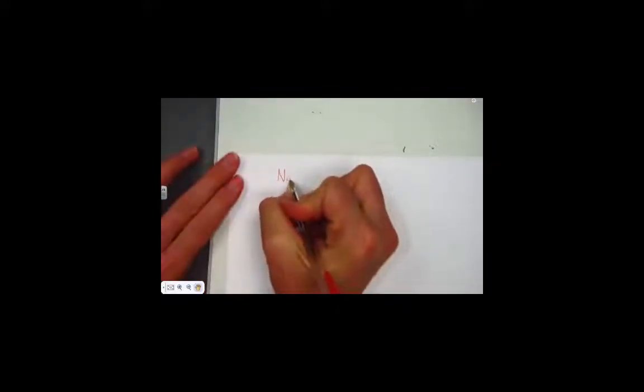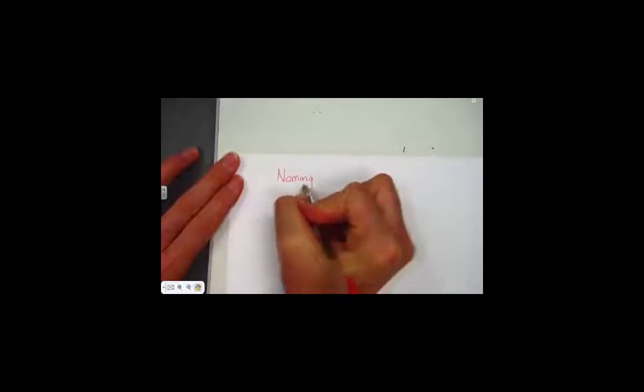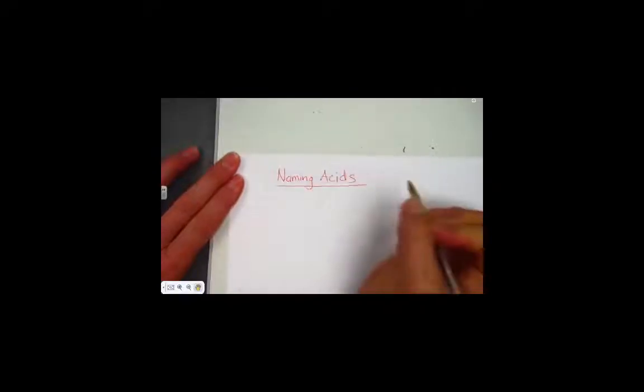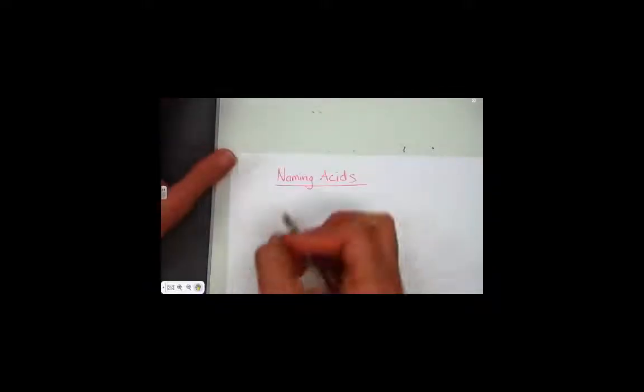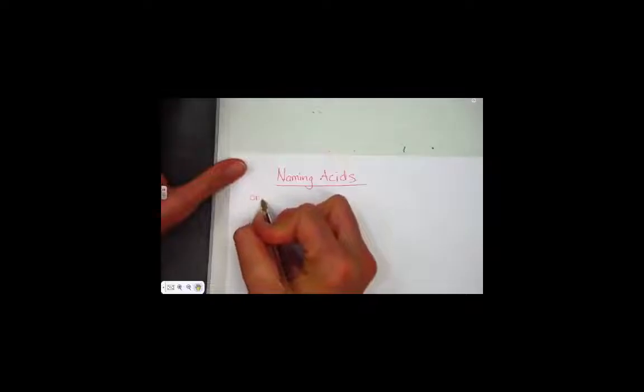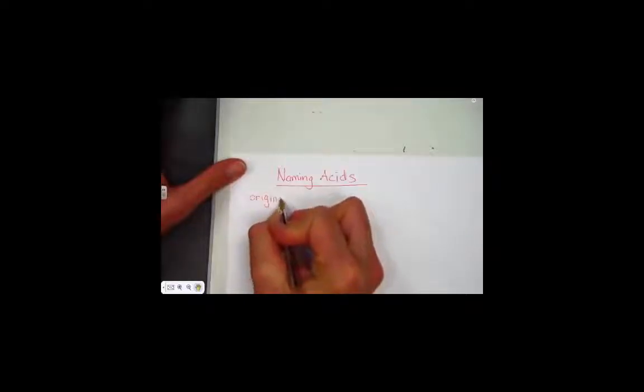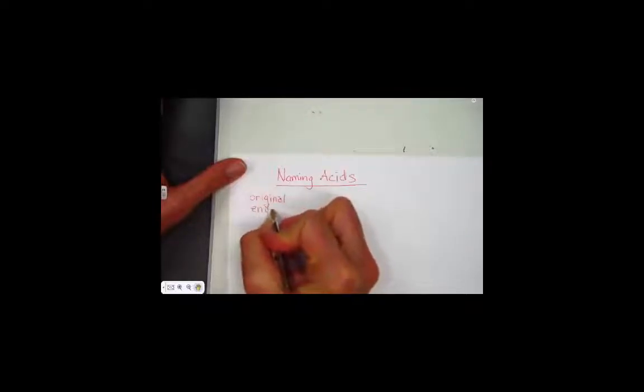So the name of my chart, I'm going to call it Naming Acids. When I'm naming acids, this little chart or grid is going to help me in predicting the correct way to name acids. In the first column of our chart, let's put in the original ending.